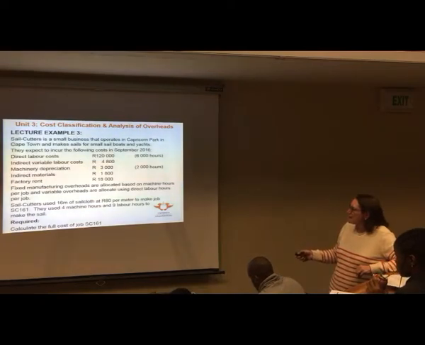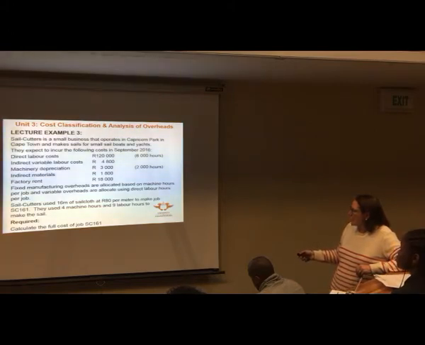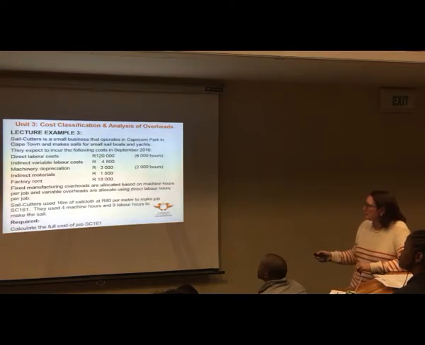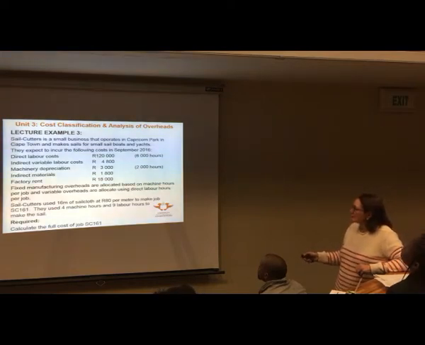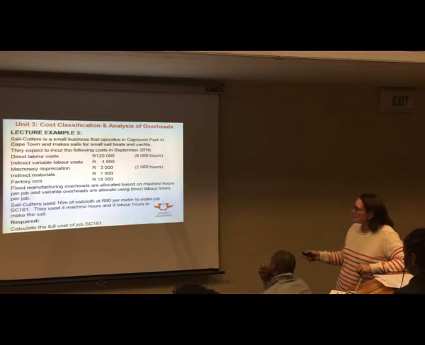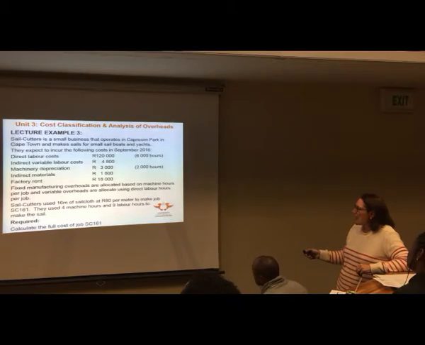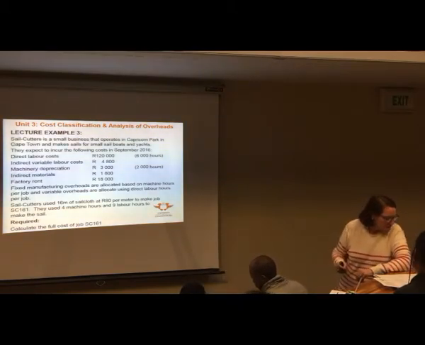Indirect labor is a variable manufacturing overhead. Variable overheads are allocated using direct labor hours per job. So this is our indirect labor cost. Do you agree? 4,800. Our total direct labor hours is 6,000. Therefore, our indirect labor cost per direct labor hour is going to be 4,800 divided by 6,000. 80 cents.